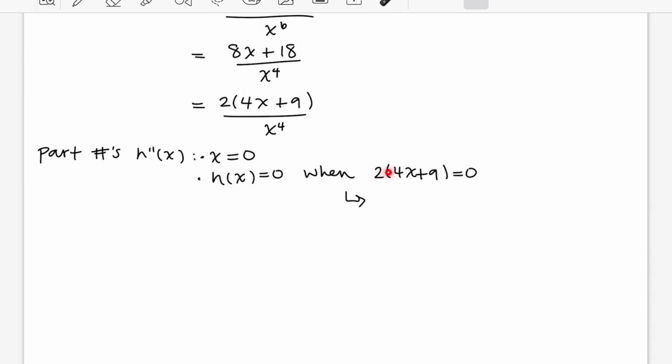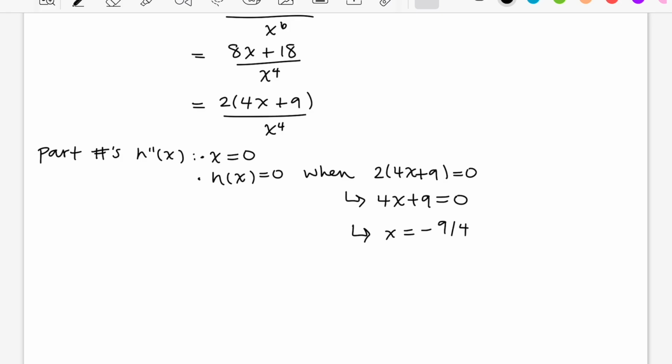So then solving for x, we'll divide by 2 on both sides, so we'll still get 4x plus 9 is equal to 0. And then solving for x, we'll subtract 9 on both sides and then divide by 4. So we'll get negative 9 over 4.